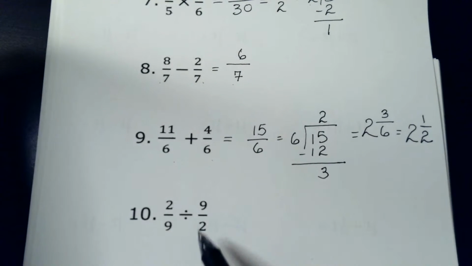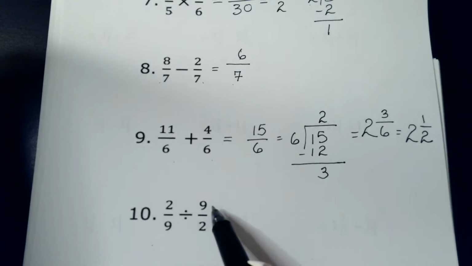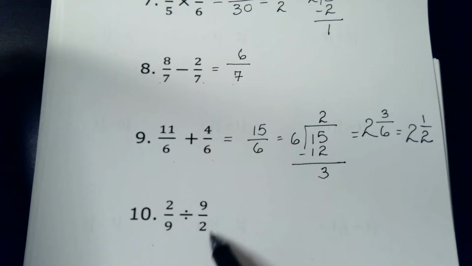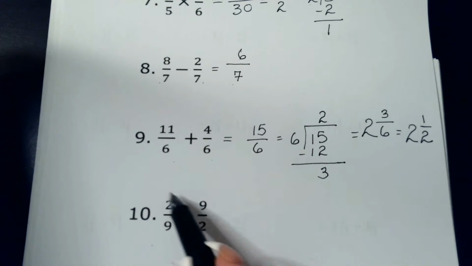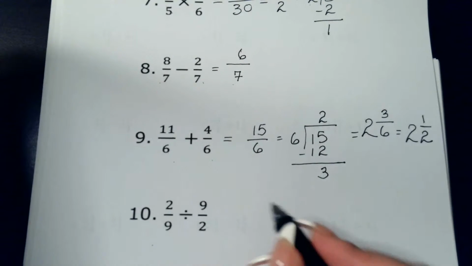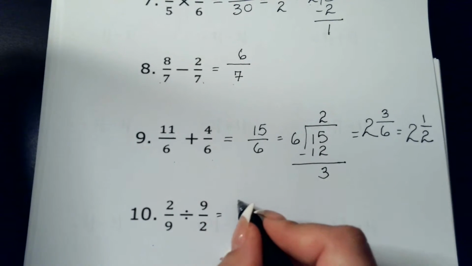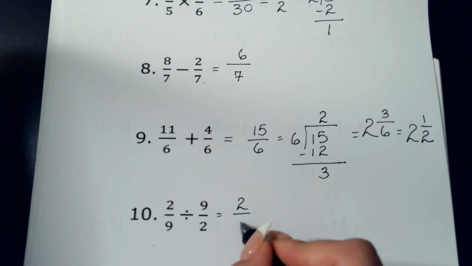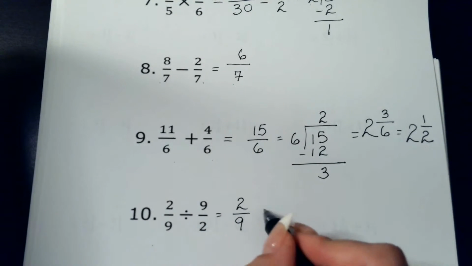Then our last one is again division. When you divide fractions, you need to have a reciprocal on the second number only. Never change the first number. The first number must remain the same. So 2 over 9 remains the same. We are going to turn this into a multiplication problem.